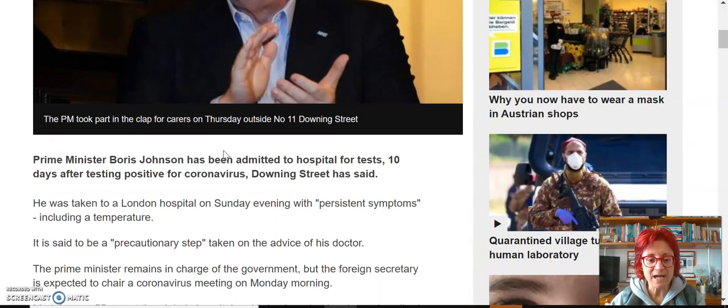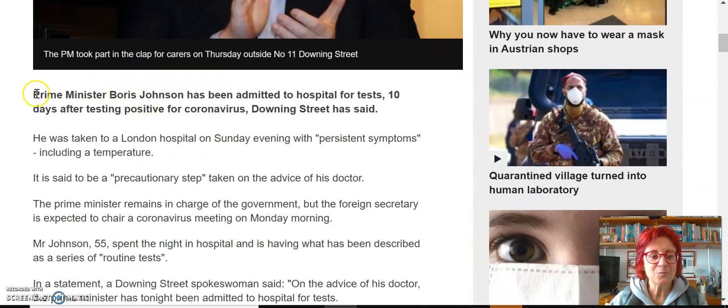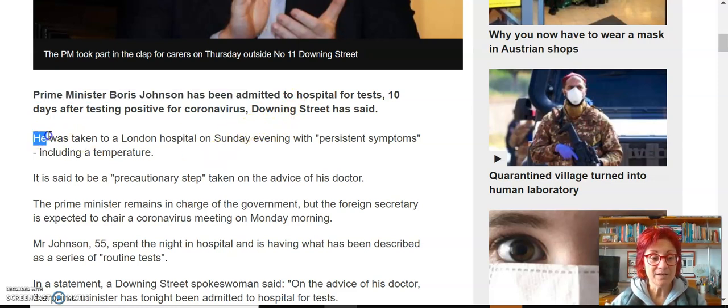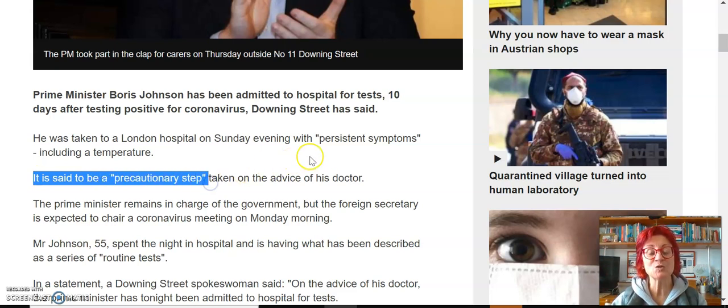But if we scroll down, we find the complete passive structure. Boris Johnson has been admitted to hospital. More, he was taken to a London hospital on Sunday, right? But look at here. It is said to be a precautionary step.